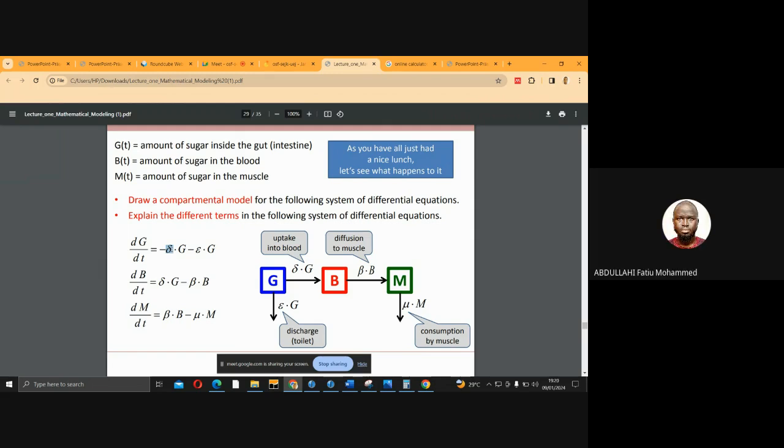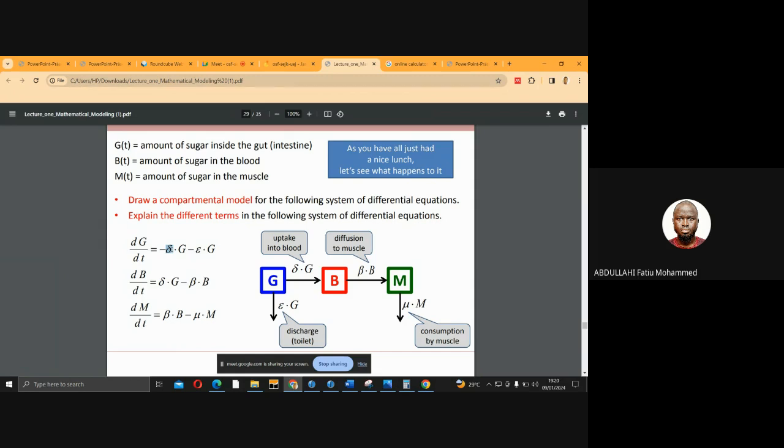So delta G means it is leaving, that is minus, the one leaving from the gut and going into the blood. The other one, that epsilon, for the G, epsilon. So epsilon means it is exiting, going into the toilet.